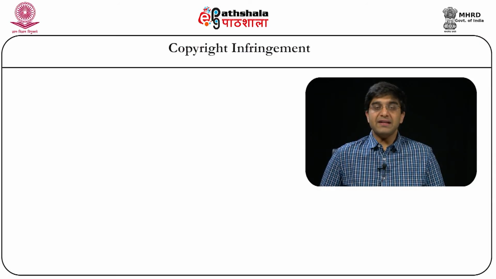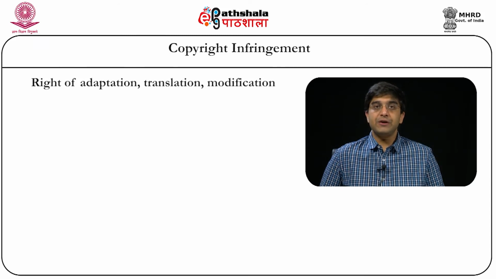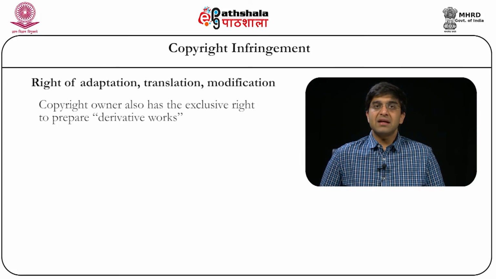The next set of rights available under section 14 is the right of adaptation, translation, and modification. The owner of a copyright not only has the right with respect to the work he creates, but also has the right to prevent others from making an adaptation of his work. Therefore, he has the right to prepare what we call derivative works.